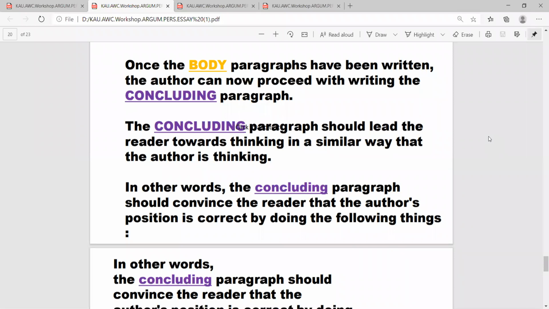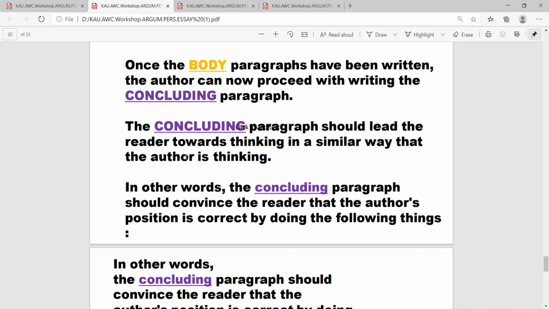Okay, now back to the structure again, and I'm going to read this very quickly because you already know, and I think it's quite logical. I think we've explained and alluded to this at the beginning. Once the body paragraphs have been written, the author can now proceed with the concluding paragraph. The concluding paragraph should lead the reader towards thinking in a similar way that the author is thinking.